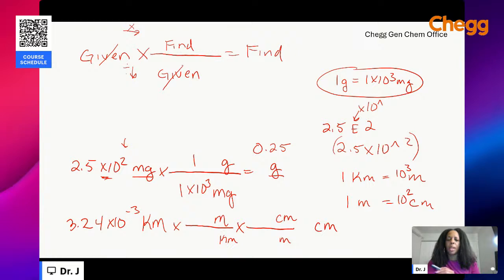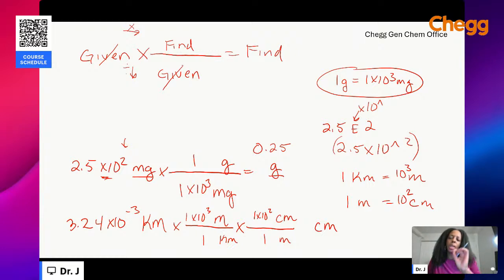Okay. Now I'm going to plug in the information directly. So I know 1 kilometer is 1 times 10 to the 3rd, or you could just write 10 to the 3rd meters. And I know 1 meter is 1 times 10 to the 2nd centimeters. Okay. And we'll get ready to plug those in. All right. So go ahead and type in, again, 3.24, find that EE button or EXP button, EE, -3.